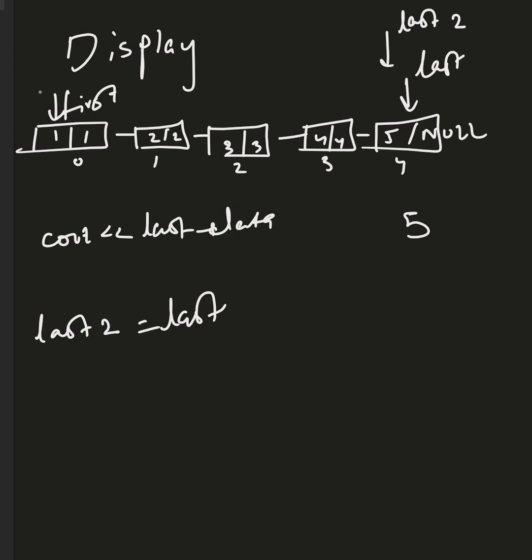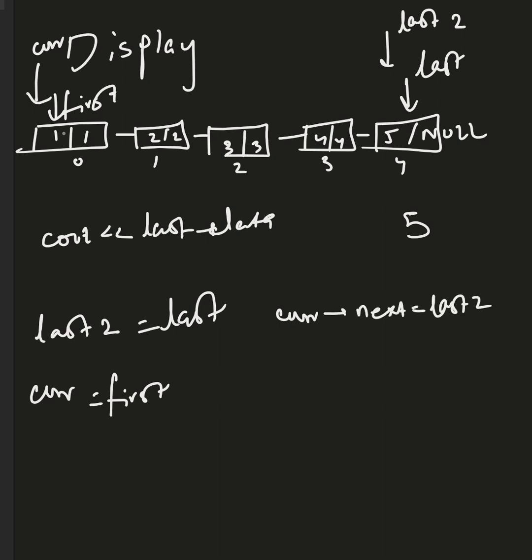So now I'll take another pointer, current. I will assign it the value of first. And I will keep moving the current till I reach the point where current next is equal to last2.